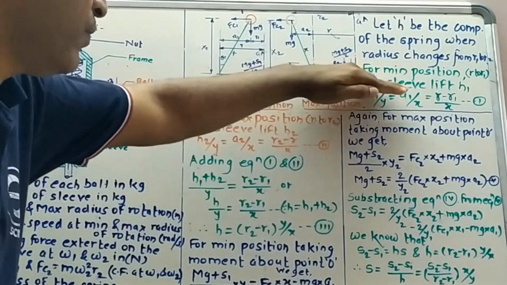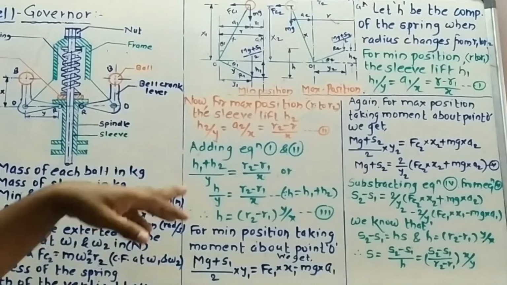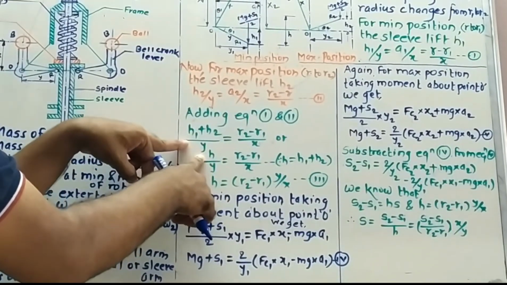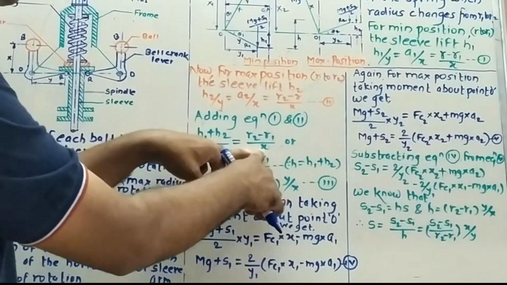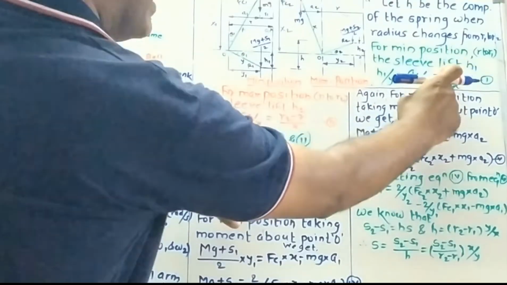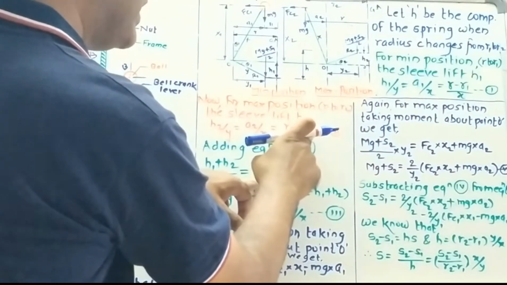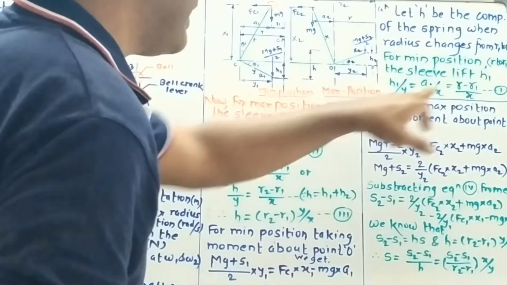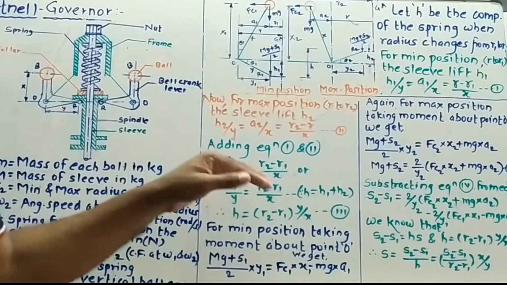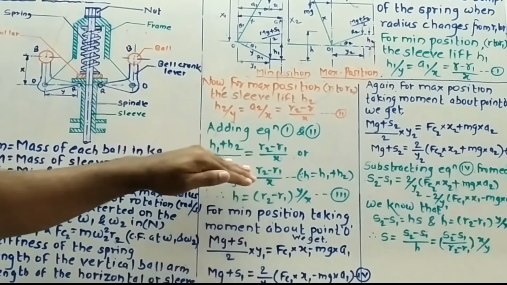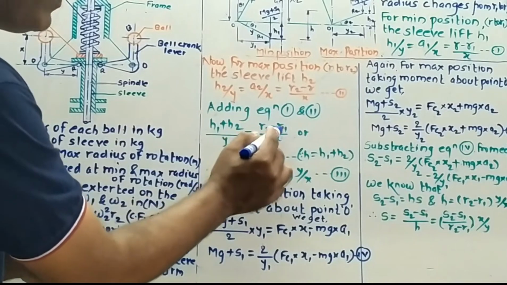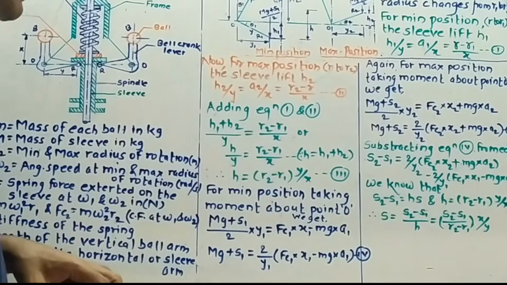Now add equation 1 with equation 2. You get (h1 plus h2) divided by y on the left side, and on the right side, (r minus R1 plus R2 minus r) divided by x. So this r gets cancelled and we get (h1 plus h2) divided by y equals (R2 minus R1) divided by x.